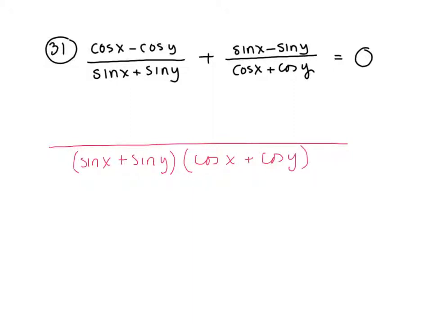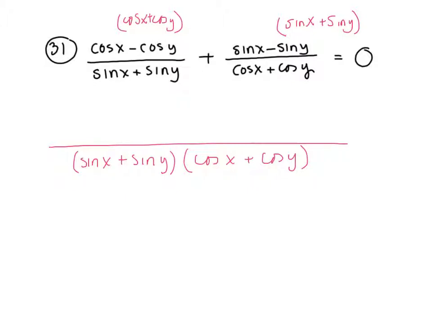So I'm looking up here. This one is missing a cosine x, cosine y, right? And this one up here is missing a sine x plus sine y. Now, I don't know if you realize, but wait, this is a plus, the difference of two squares.